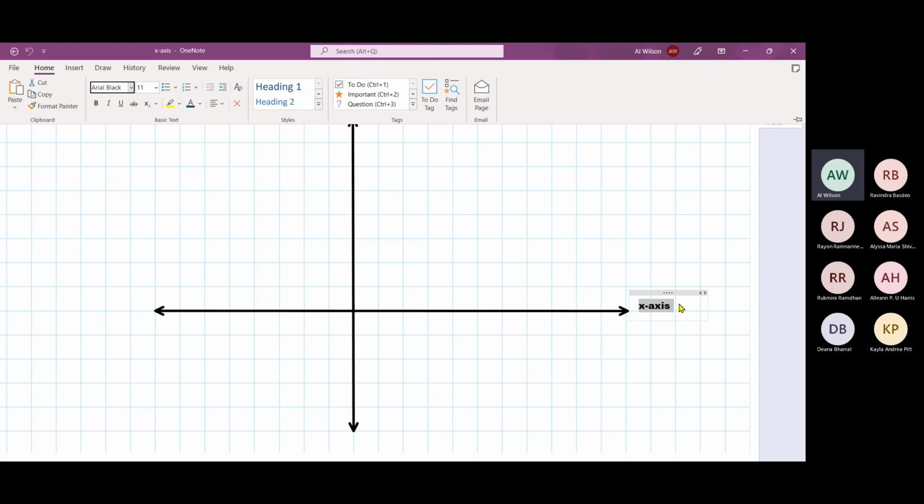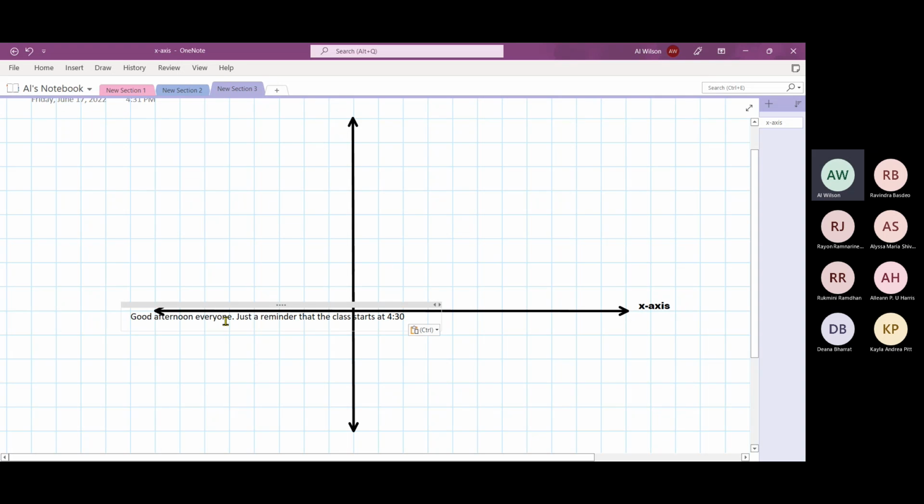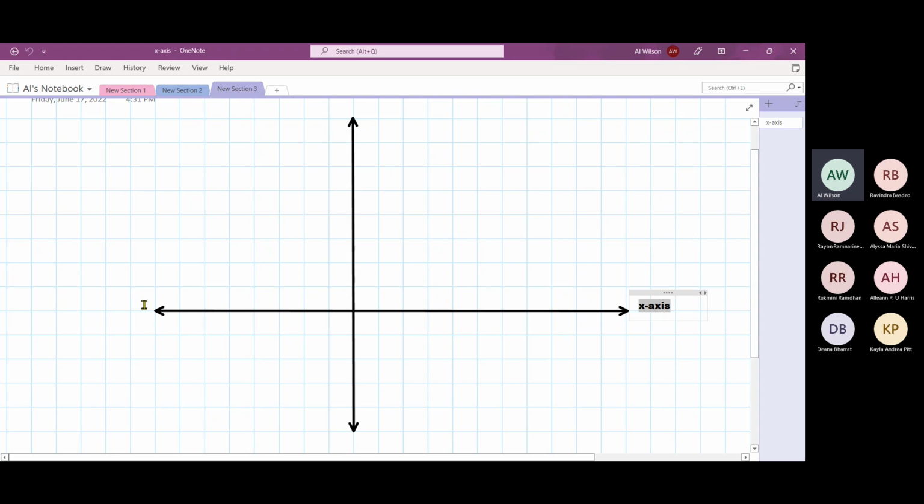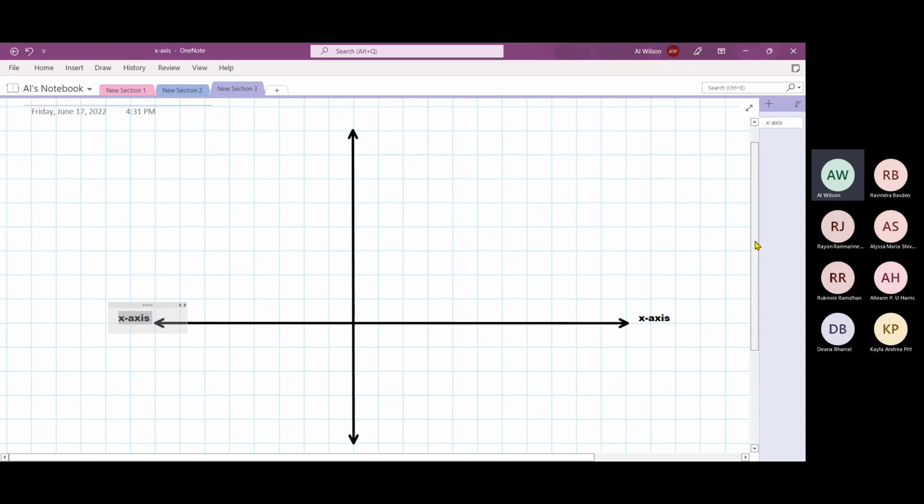If this side is my x-axis, it means that on this side here as well, that would also be the x-axis, because it will be everything that is going horizontally. Now, going vertically, what we would have is the y-axis.